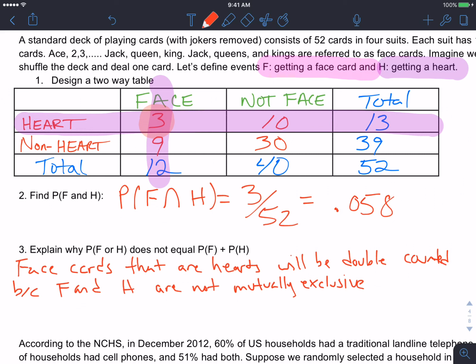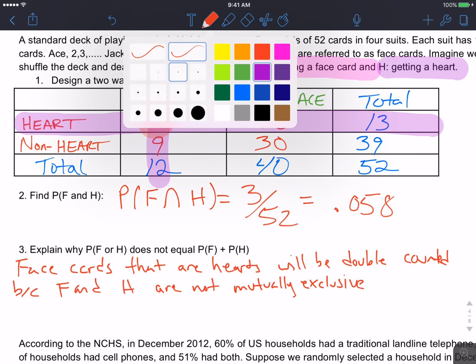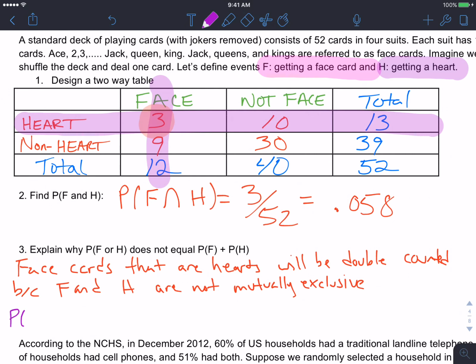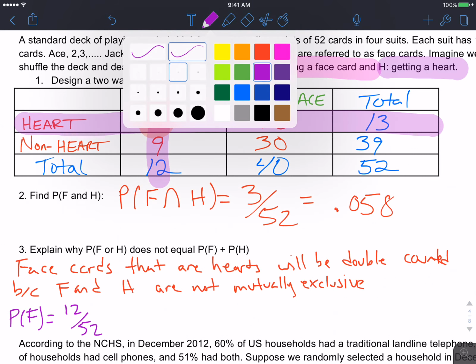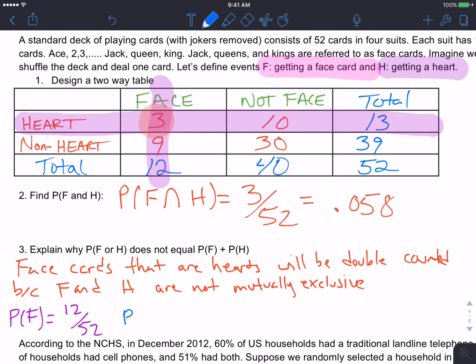If you look at the probability of a face card, it is 12 over 52, and the probability of a heart is 13 over 52. But let's go back to the probability of face and a heart.